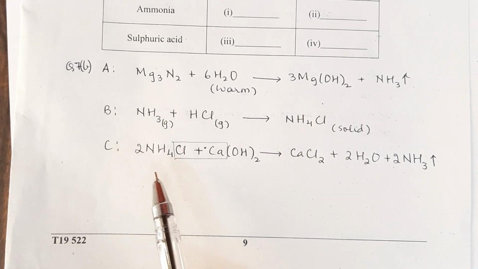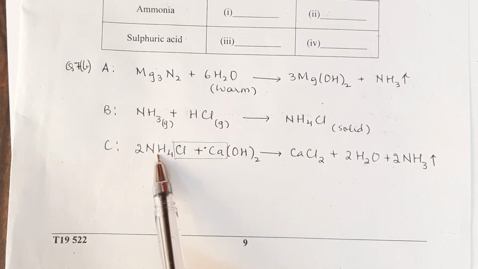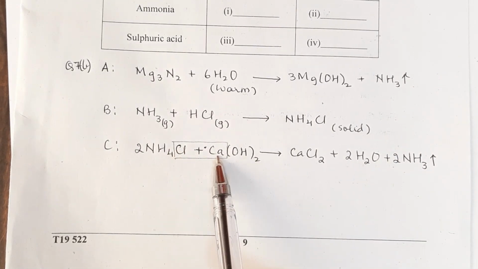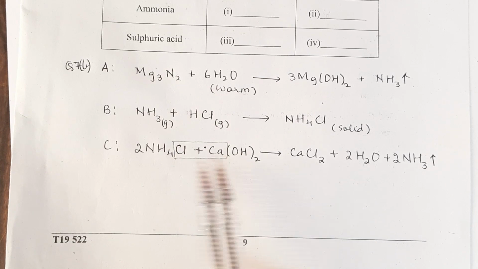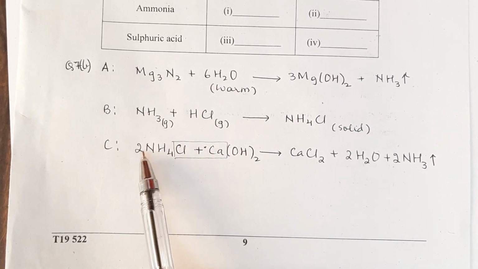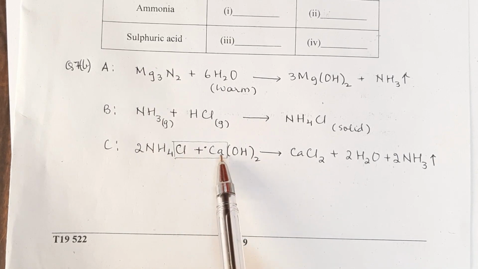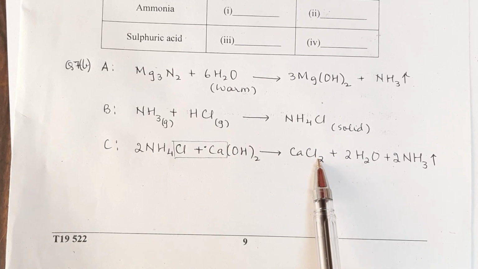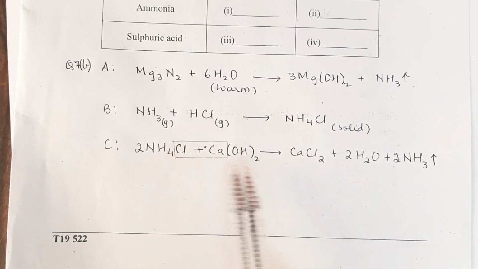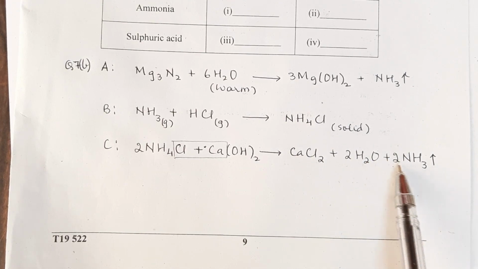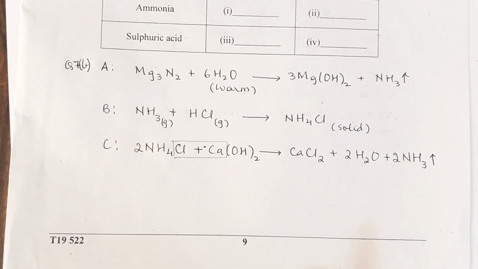C reaction was where we had to take ammonium chloride and get back ammonia. So we will add calcium hydroxide and we'll do double decomposition reaction here. So we'll need 2 molecules of NH4Cl that will give us Ca. We'll take this Cl, it will form CaCl2, and 2 NH4 will take 2 OHs and it will give us 2 H2O and 2 NH3, which is a gas.